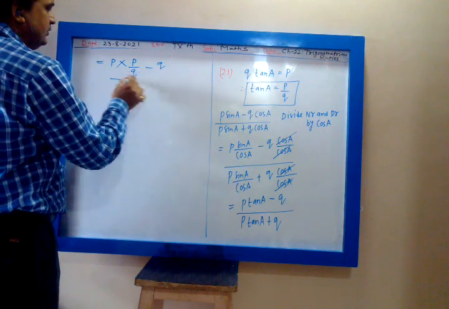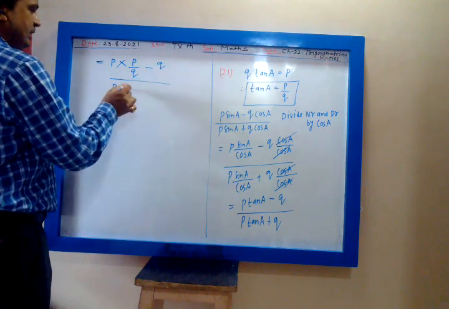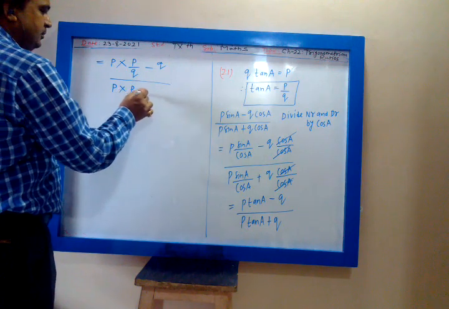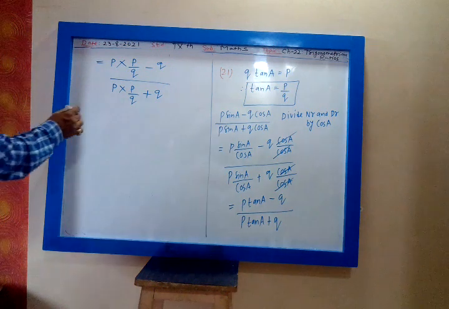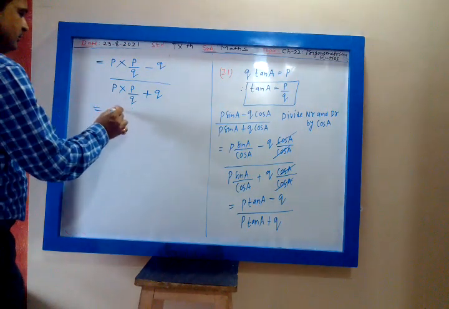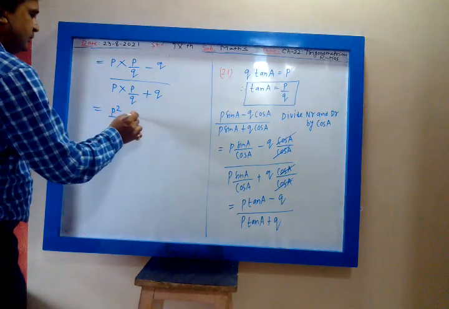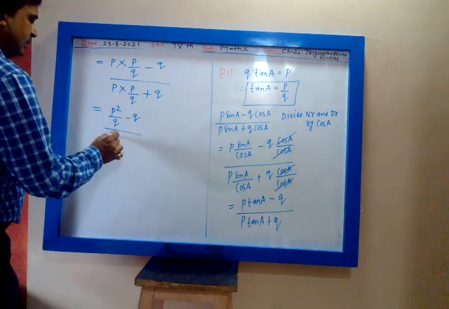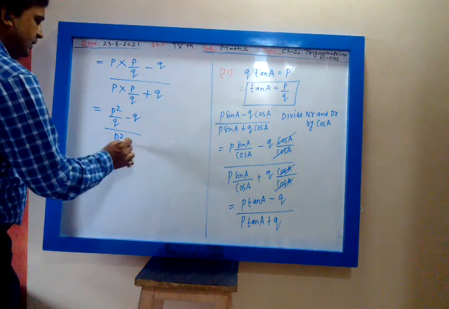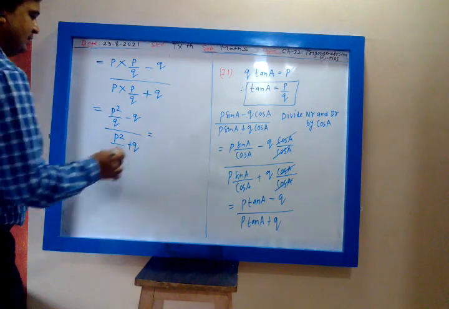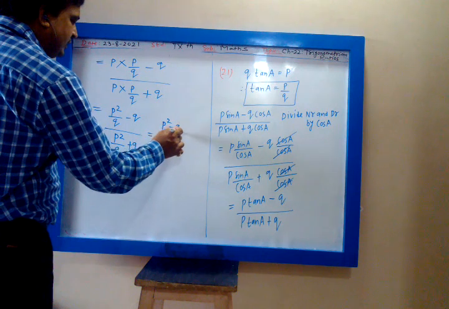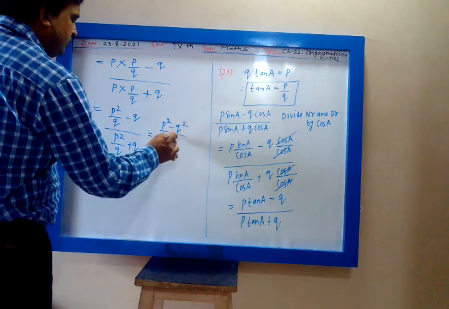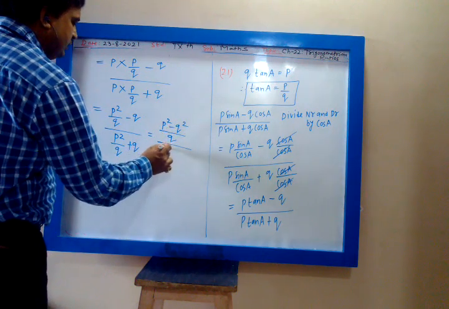So P into P by Q minus Q upon P into P by Q plus Q. Simplify, what will you get? P square upon Q minus Q upon P square upon Q plus Q. When you simplify this, Q get multiplied: P square minus Q square upon Q upon P square plus Q square upon Q.